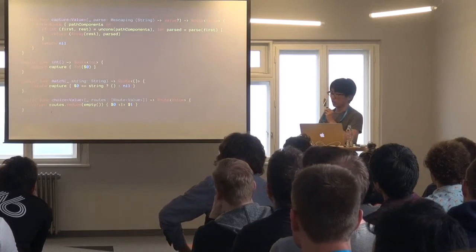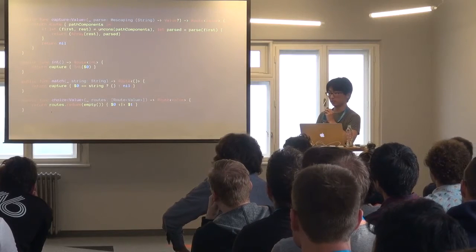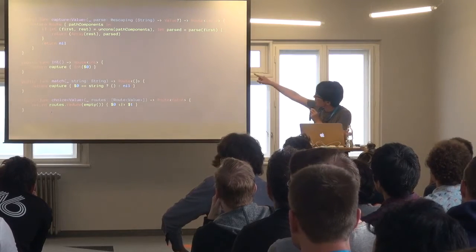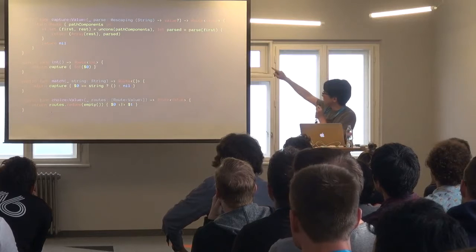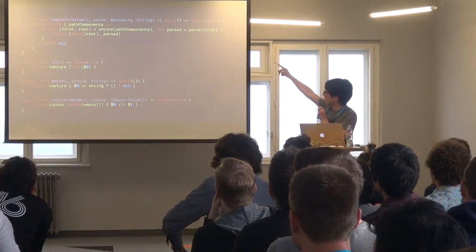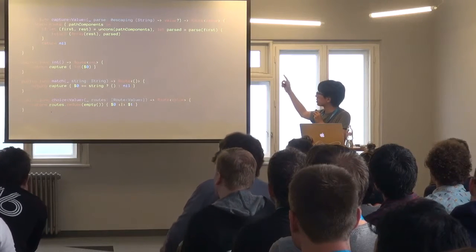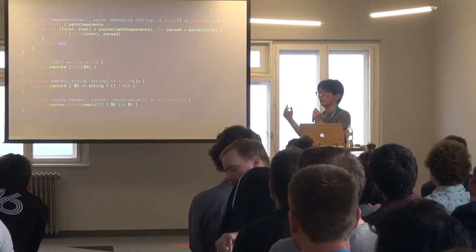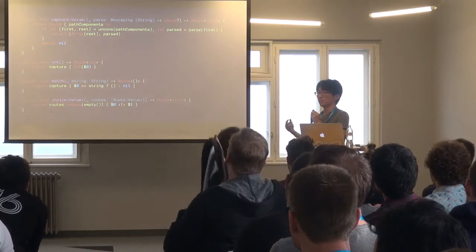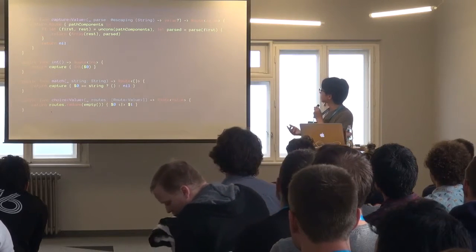And here are some important functions to discuss too. The first one is the function capture, and this basically takes a parsing function that converts from string to some optional value, let's say the integer initializer, which is a failable initializer, for example.